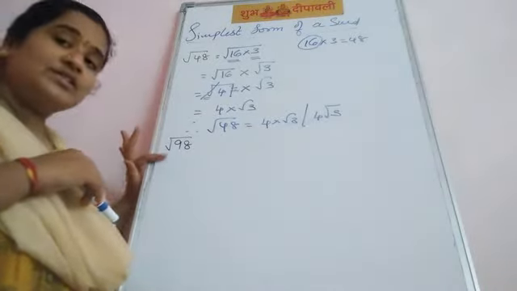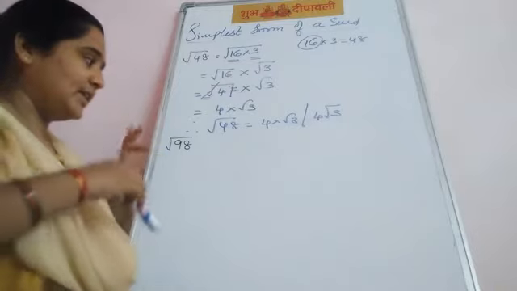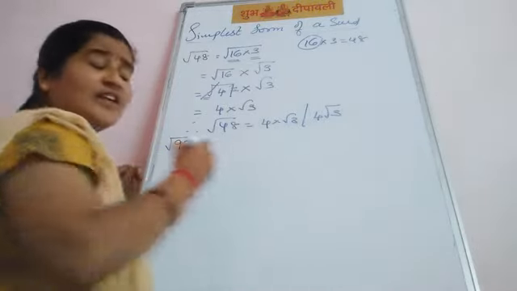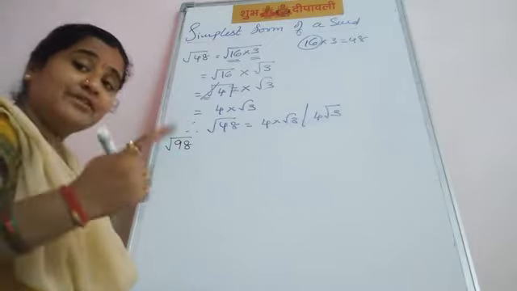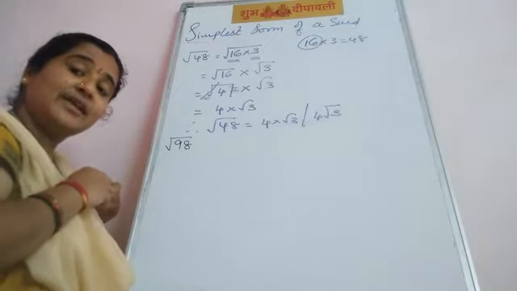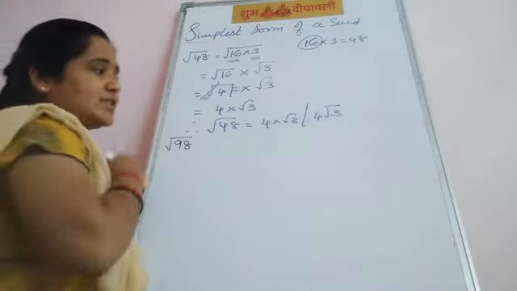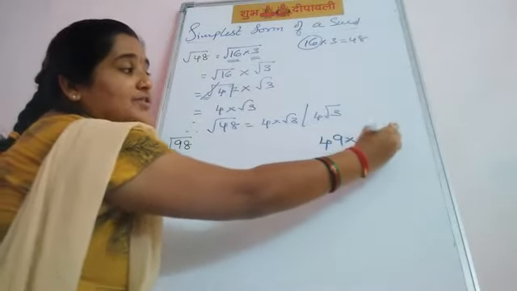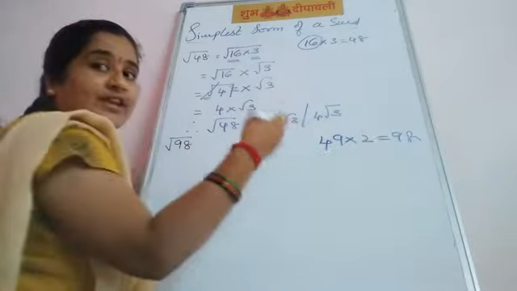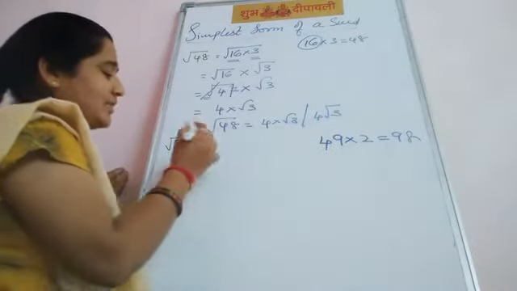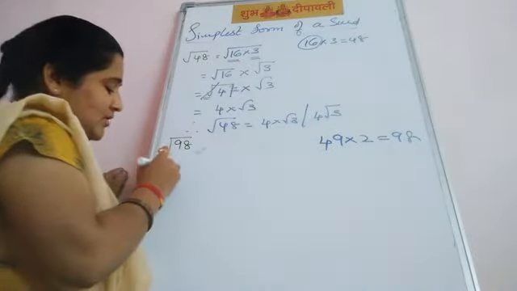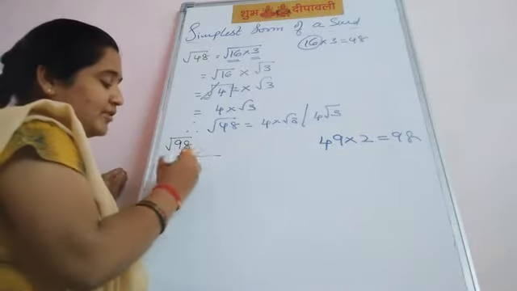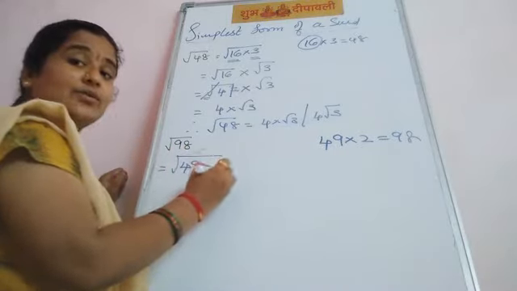Now coming to the second one, root 98. One should be a perfect square number and the other can be a prime number. See, 98 can be written as 49 twos are 98, and 49 can be written as 7 square. So 98 is under root 49 into 2.